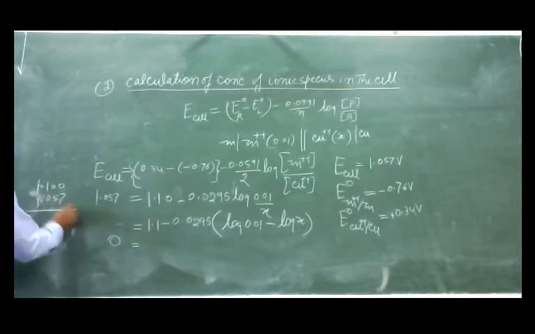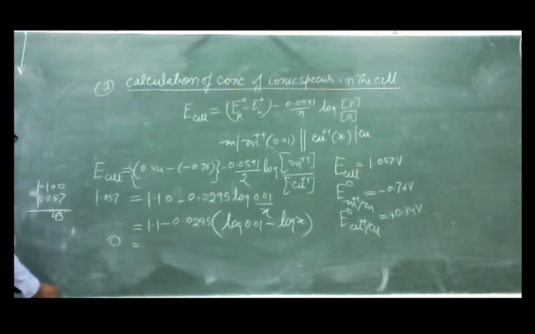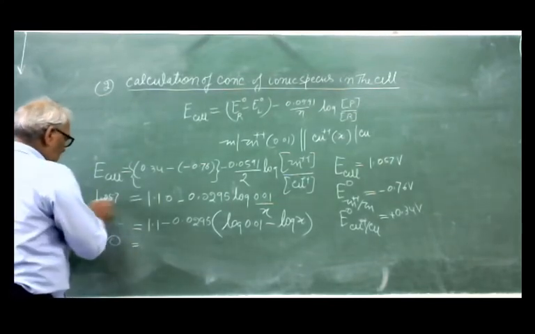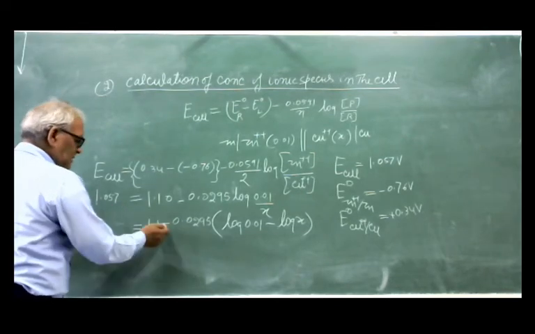1.057 subtract 1.100, you will get this value because this is the minus here.